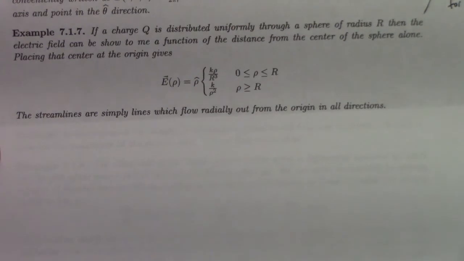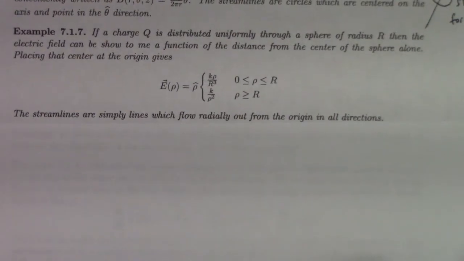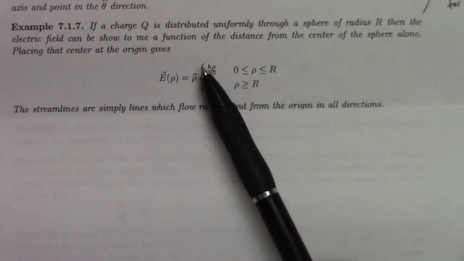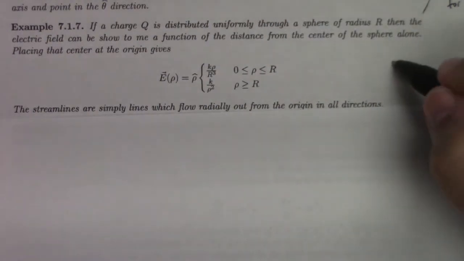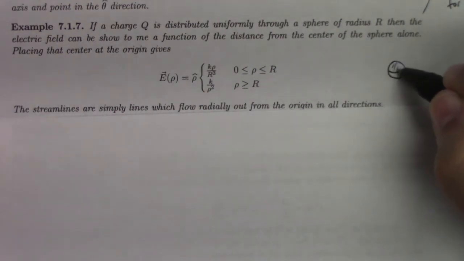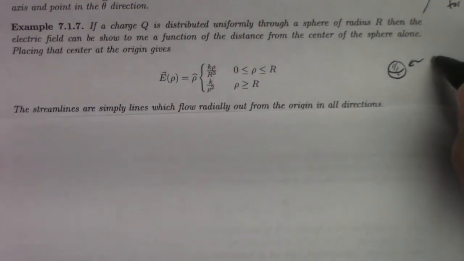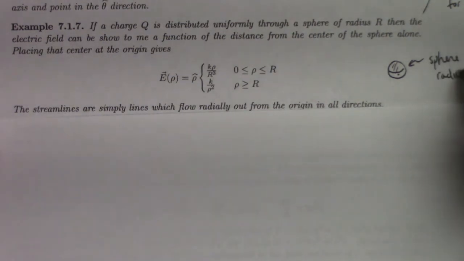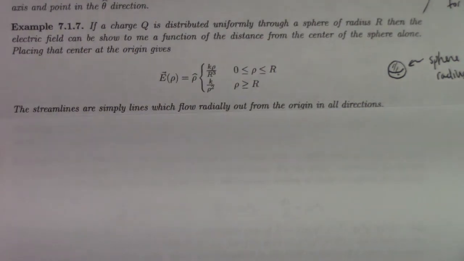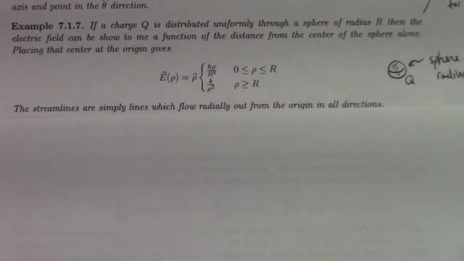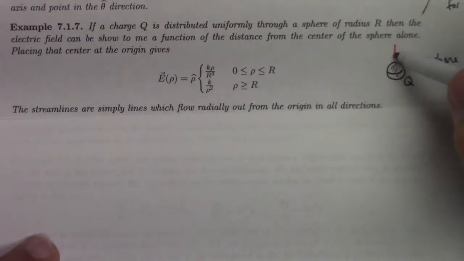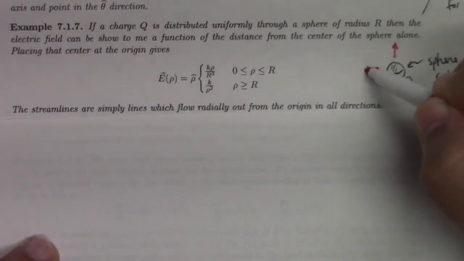Okay, so another important example of a vector field from physics is the Coulomb field. If you have a charge q, here I have a charge q smeared out uniformly over a sphere of radius r, right? If that's the case, then electrostatics tells us that the electric field emanates spherically in all directions from that charge.